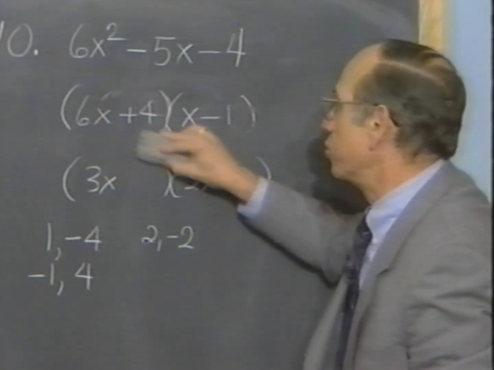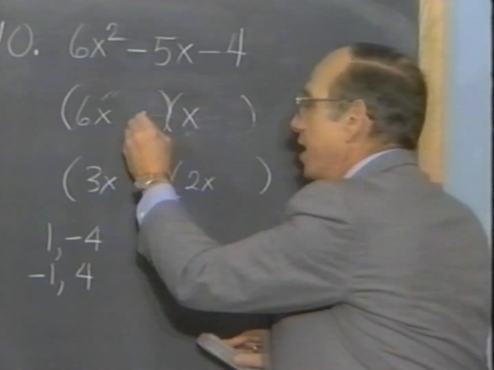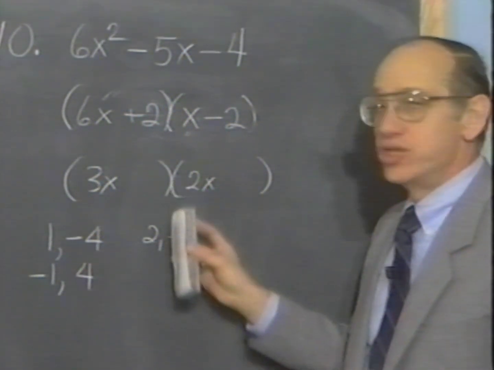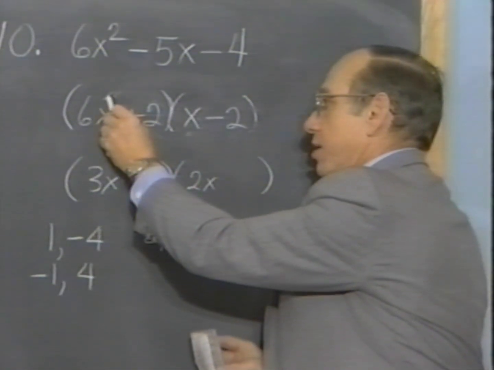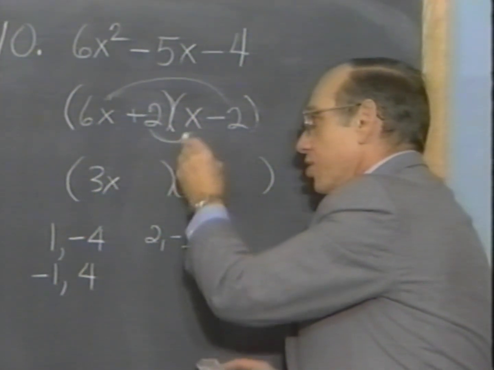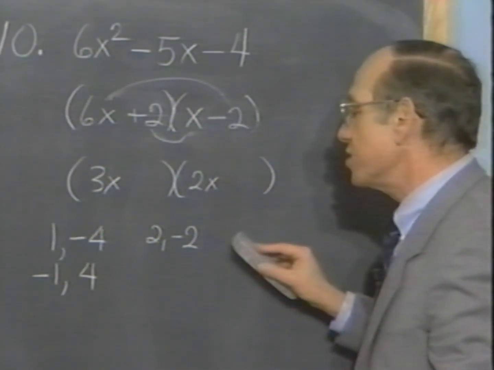So let's go to the possibility of plus 2 and minus 2. And we'll start this way. And we check the cross term again. 6x times minus 2 is minus 12x. Plus 2x is minus 10x. And that's not right.